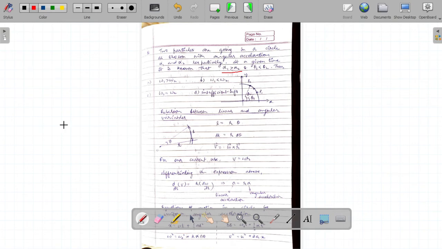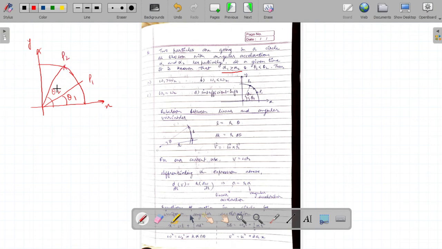So we are given some figure, let us draw it. In this figure there is a circle, and the angular positions of the particles are some theta 1 and theta 2, at points P1 and P2.